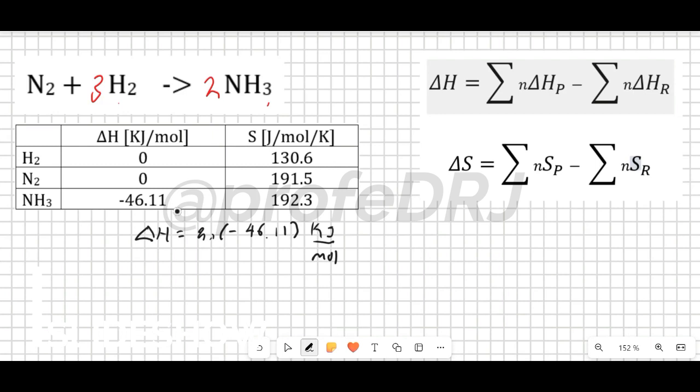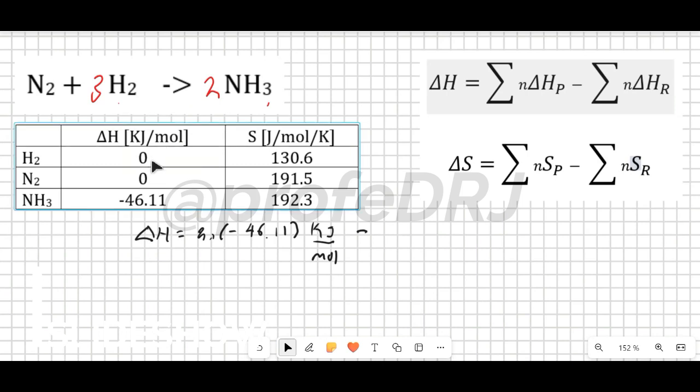Then what we have here, minus this part, reactives. So the first one is 1 mole, it's not necessary to write, but we have to see the next.